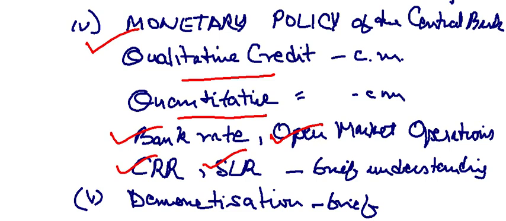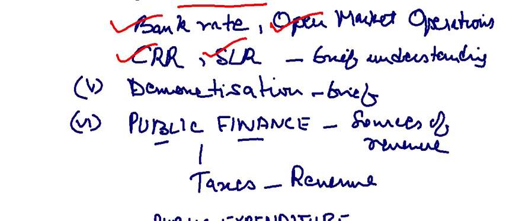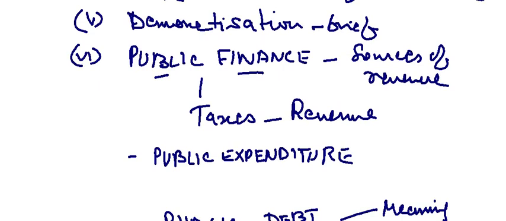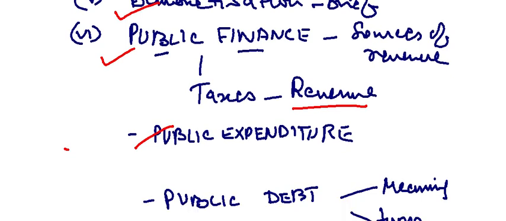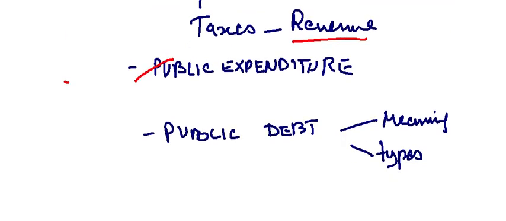The other important part after this is that you have to know what demonetization is, in brief. Then you come to public finance: how the government gets its revenue through taxes and non-tax revenue, how the money is spent by the government, which is public expenditure, and public debt.